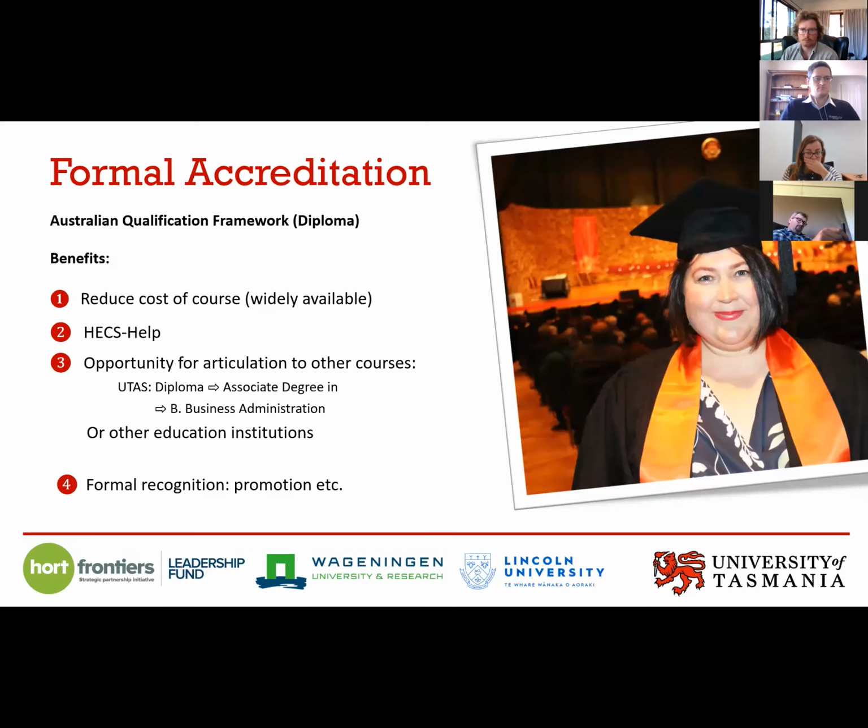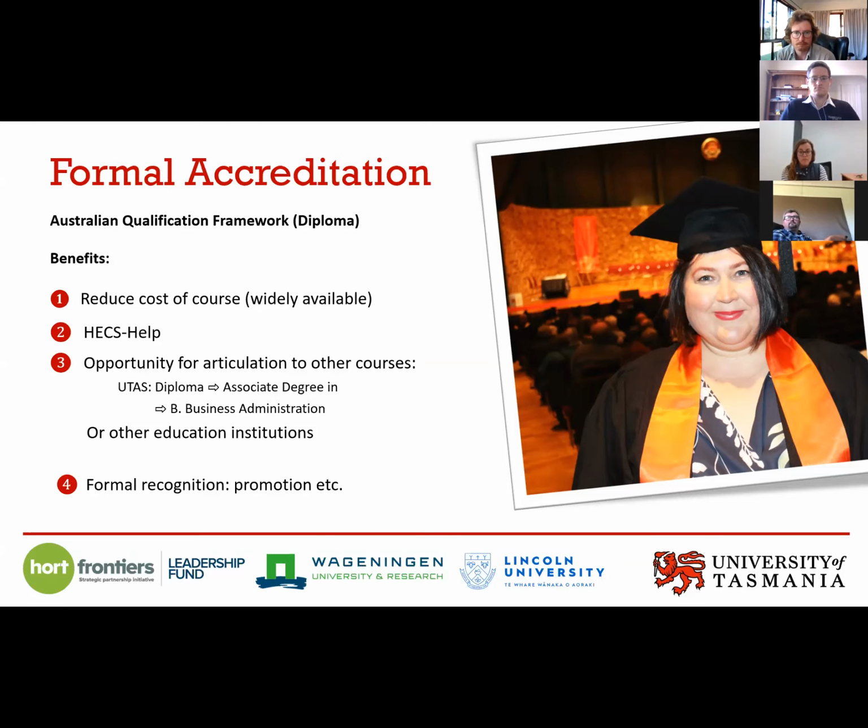As I mentioned, it's formal accreditation. One of the benefits of making it formal is that it reduces the costs. So for those of you who are paying the fees for the course, at the moment you're paying around $9,000 to $10,000. If we were delivering this and people paying full fees, it'd actually be about $30,000 a pop to cover it.